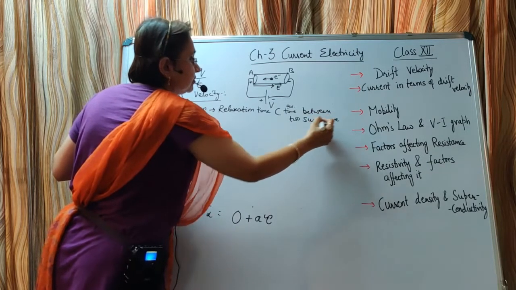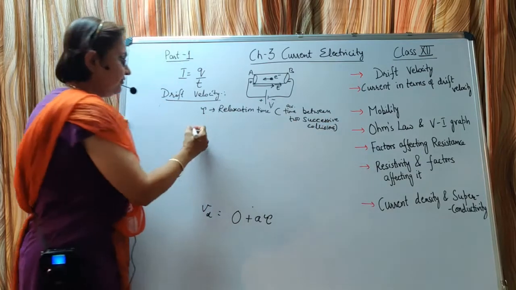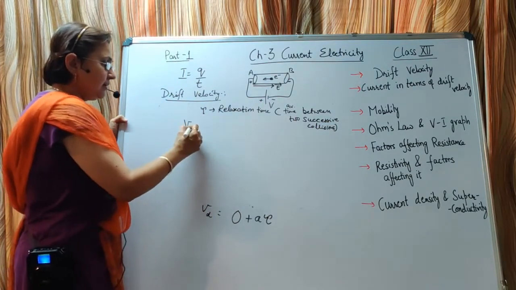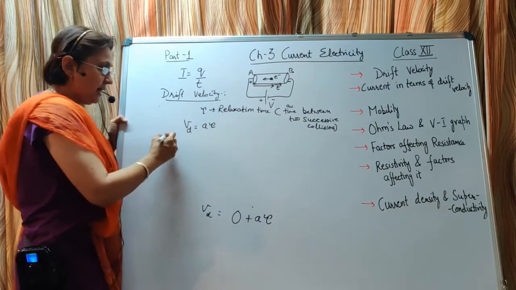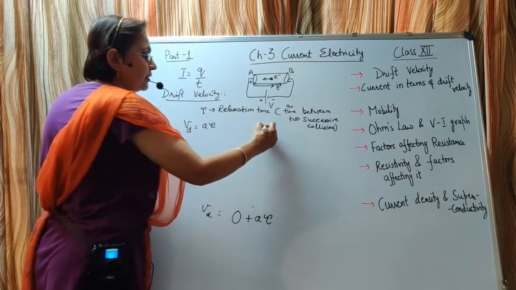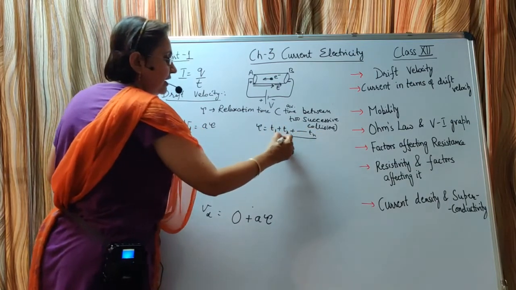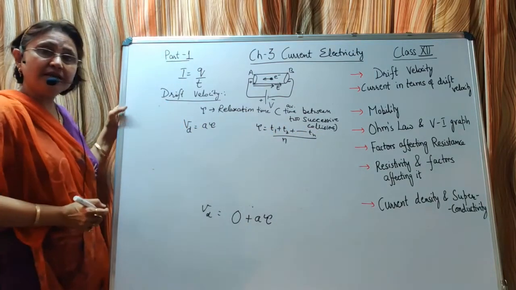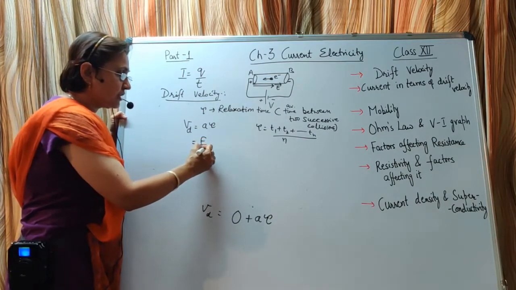So from this equation we see that the drift velocity is given by A into tau, where tau is the relaxation time, and this tau is equal to T1 plus T2 plus up to Tn divided by N. A is the acceleration of the electrons, and we know that acceleration is force upon mass.